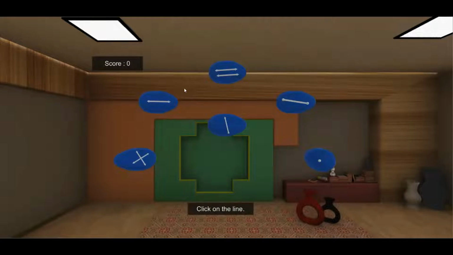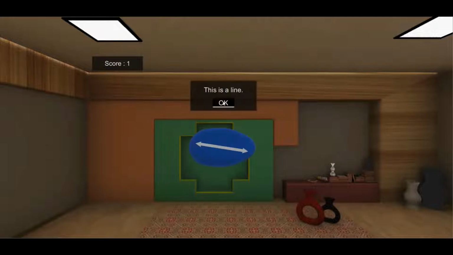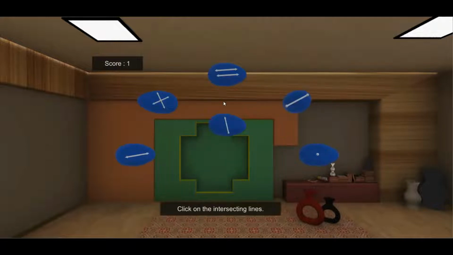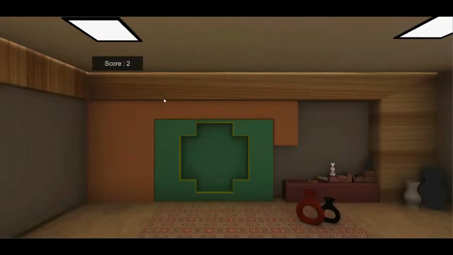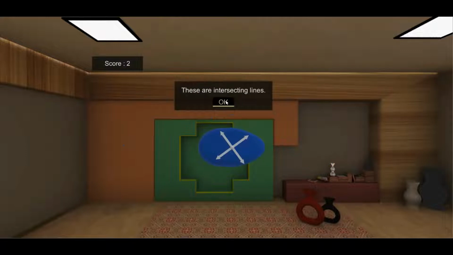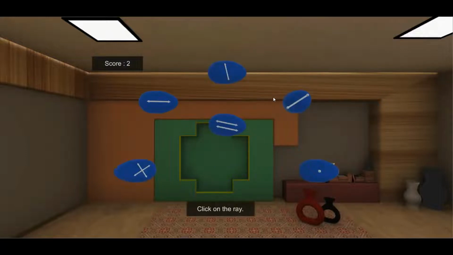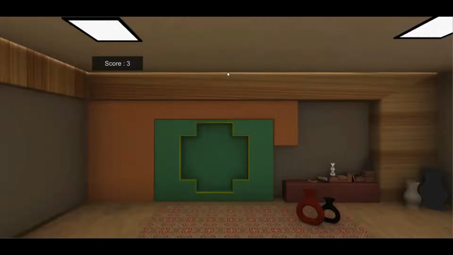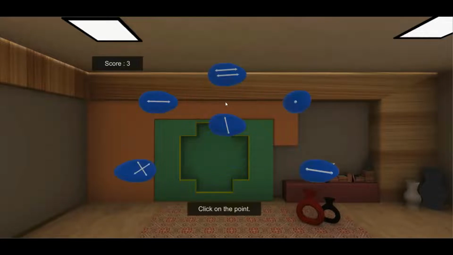Click on the line. Which one is a line? This one? Right. All right. This is a line. Click on the intersecting lines. So which one is an intersecting lines? Let's try this. Right. These are intersecting lines. Click on the ray. Which one's a ray? Let's try this. Right. This is the ray. Click on the point.